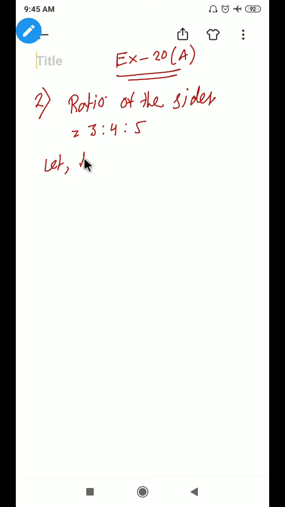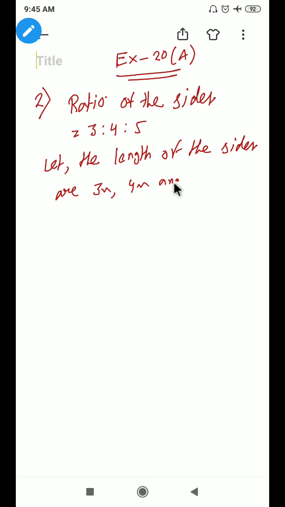Let the lengths of the sides be 3x, 4x and 5x. Clear?